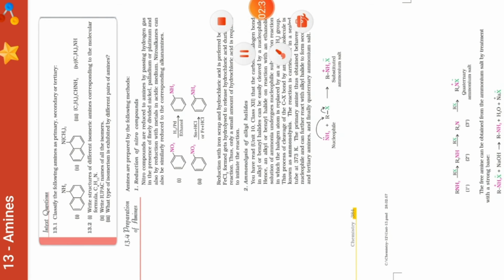Now I am going to do question number 2, that is 13.2. You see, they told: write the structures of different isomeric amines corresponding to the molecular formula C4H11N.